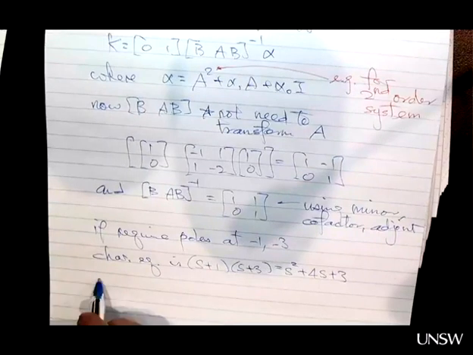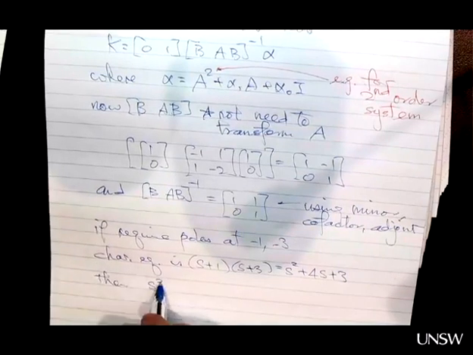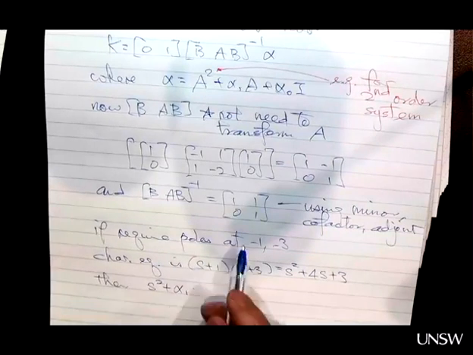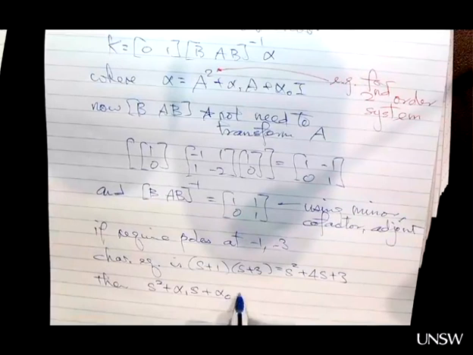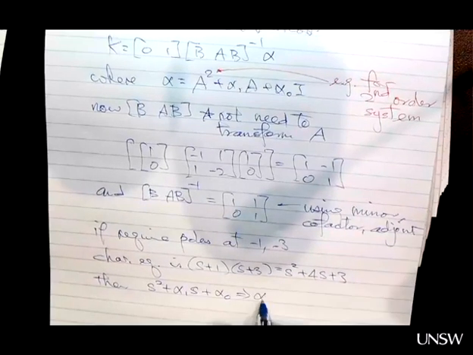Then we set this equation, and then we compare terms. Comparing terms, we have alpha 1 equals 4 and alpha 0 equals 3.